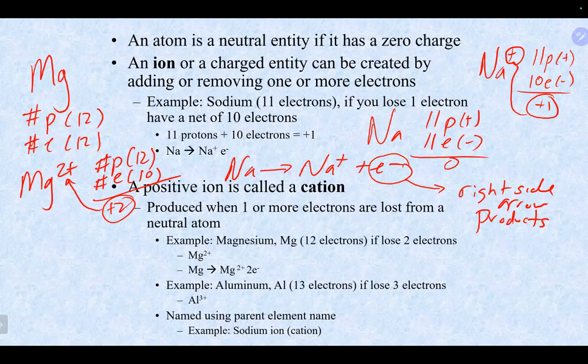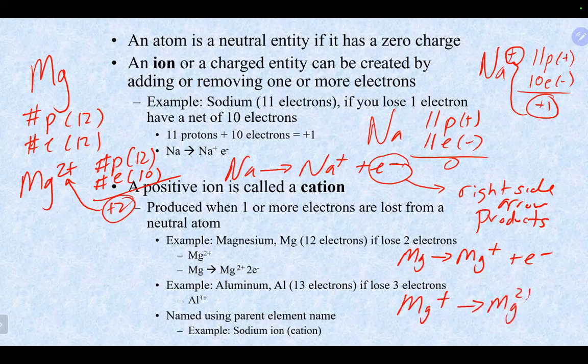It is a little misleading, and just so you know, electrons do not actually all pop off at once. They come off one at a time. So with something like magnesium, first the magnesium would lose 1 electron and become +1 charged. Then that +1 charged ion would lose a second electron and become +2 charged.